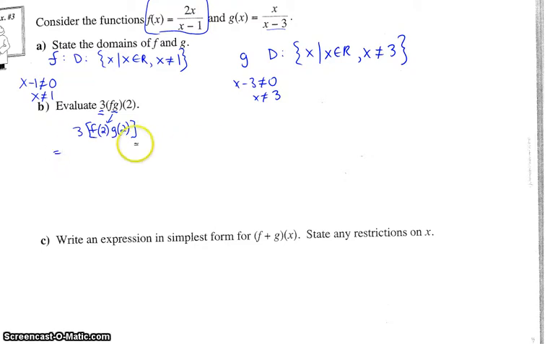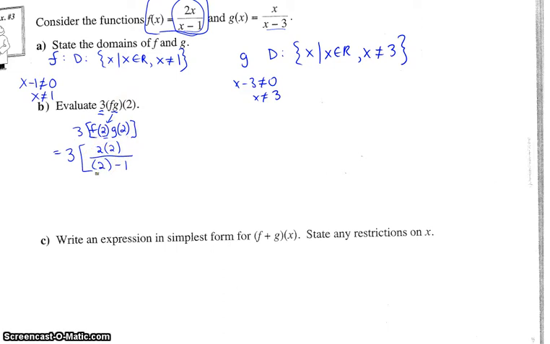Okay, so let's get this set up. We are going to write 3, okay, f at 2. So we're going to take our f function, 2x over x minus 1. Everywhere you see an x, throw some brackets. So 2 times brackets, and brackets minus 1 in the denominator. And what we're going to do then is put in our new x value of 2.